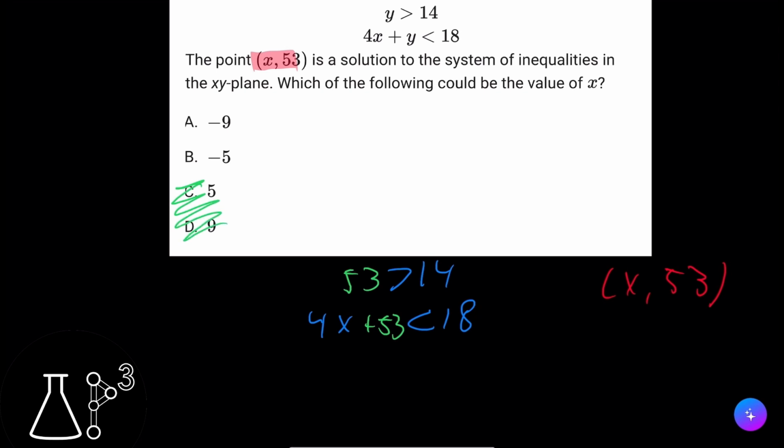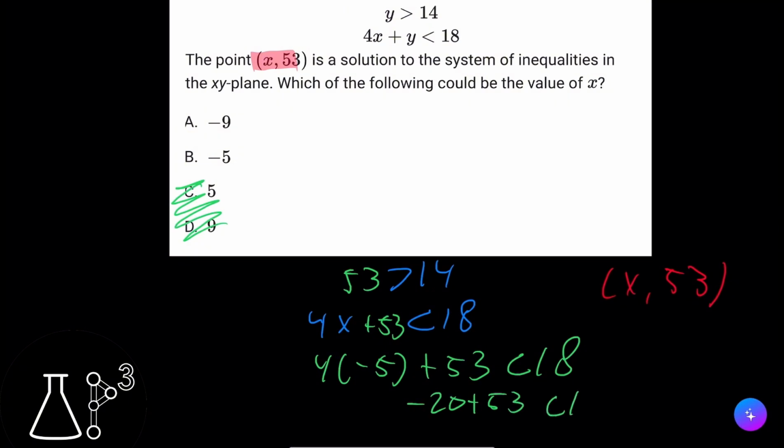So let me do B. If I plug in -5, I get 4 multiplied by -5 plus 53, which is less than 18. -5 multiplied by 4, I get -20 plus 53, which is less than 18. And that means I get 33 is less than 18, but that's obviously not true because 33 is greater than 18. Therefore, my answer is A.